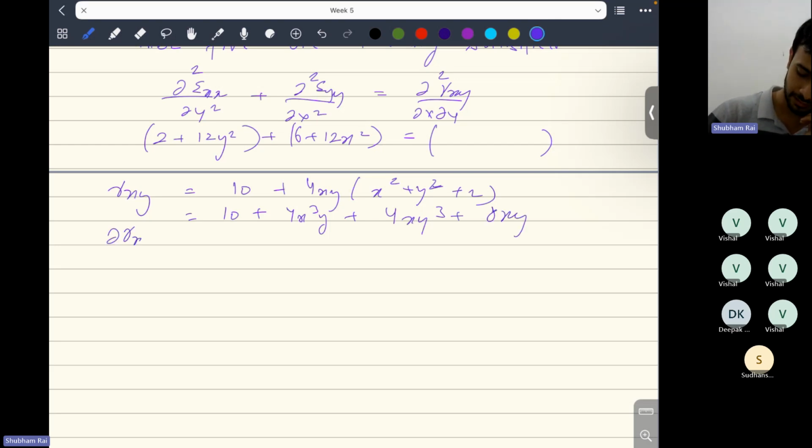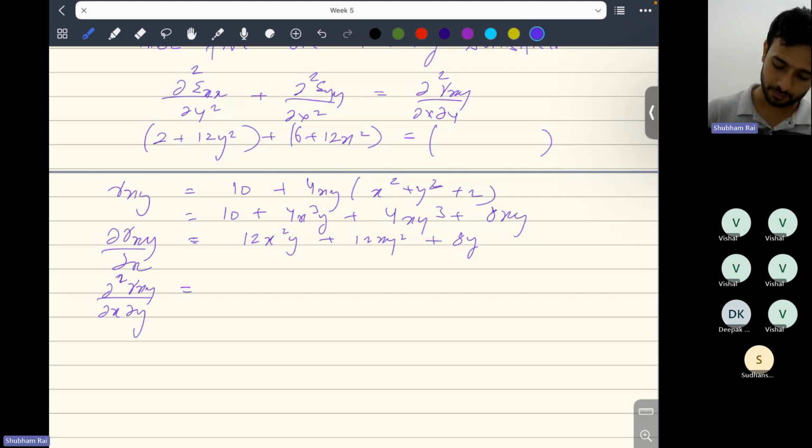Now if you differentiate γxy by x, you will get 12x²y plus 12xy² plus 8y, and then for ∂²γxy/∂x∂y, you will get 12x² plus 24xy plus 8. Oh, sorry, 12y² plus 8.